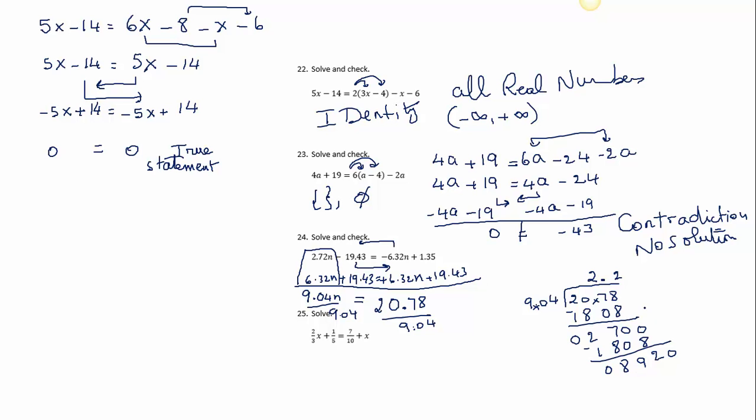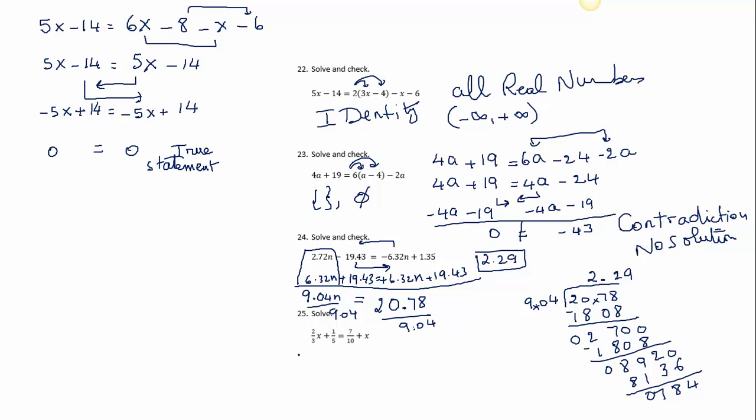Let's try 9, see if it works. 9 times 4, 36. 9 times 0, 0. And 8 times 9, 81. So let's stop here. Looks like the answer is 2.29. So n equals 2.29. We can go back and check by substituting n as 2.29.